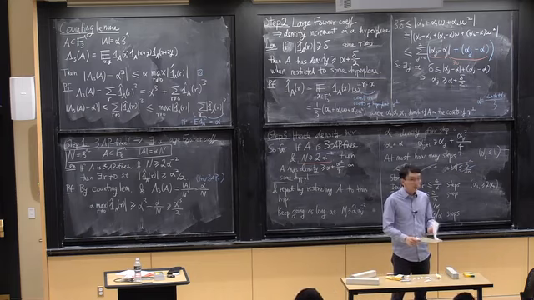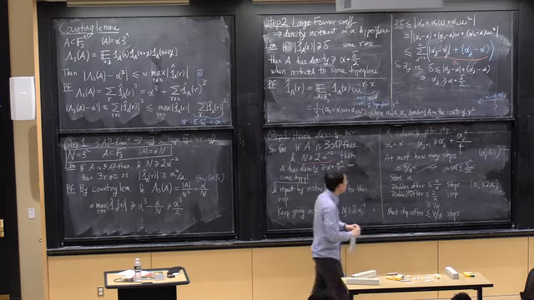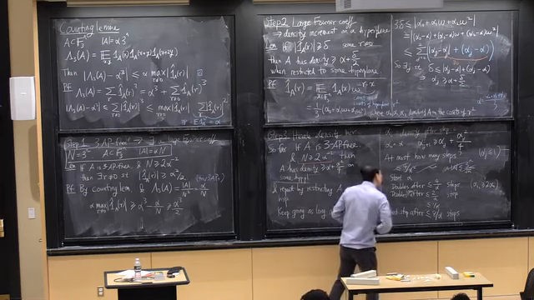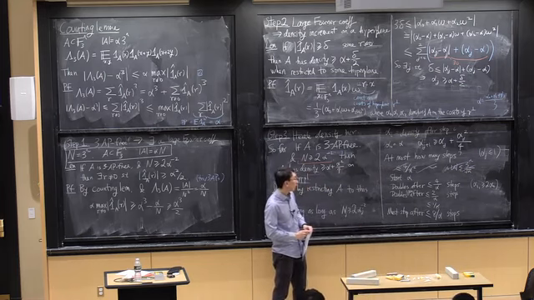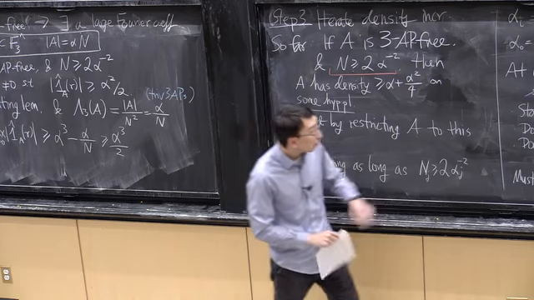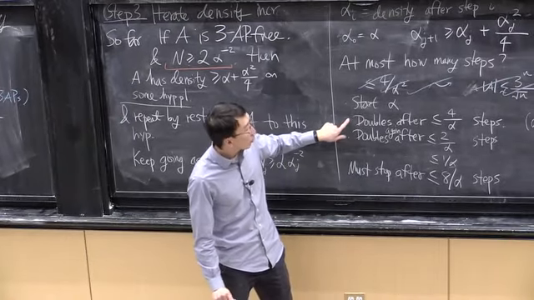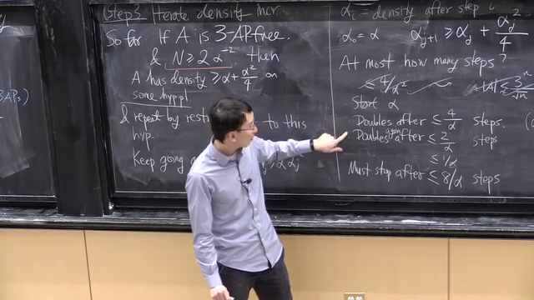Any questions? Yes. Okay, great. So the question is why the process must stop after at most 8 over alpha steps. So you know that the density doubles after this many steps, doubles again after that many steps.